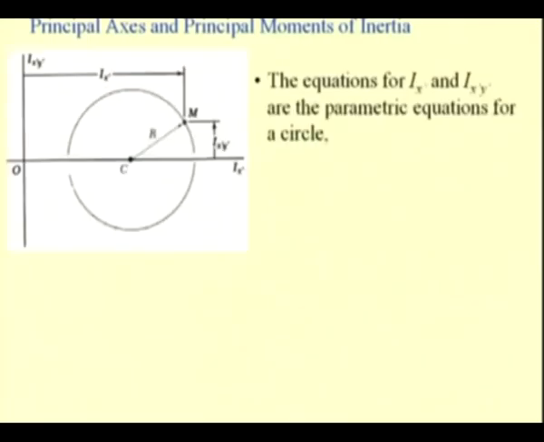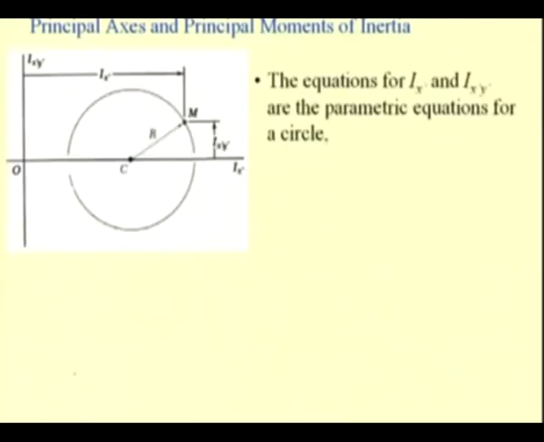For a particular orientation the second moment with respect to these axes reaches the extremum, that is either maximum or minimum, and these are known as the principal moments of inertia, and the corresponding axes are known as the principal axes. So, let us see how we determine these principal axes and principal moments of inertia.